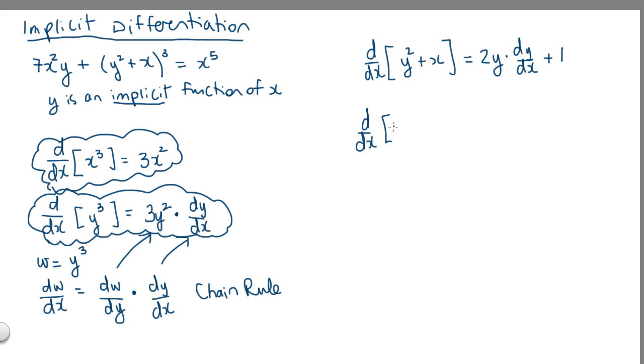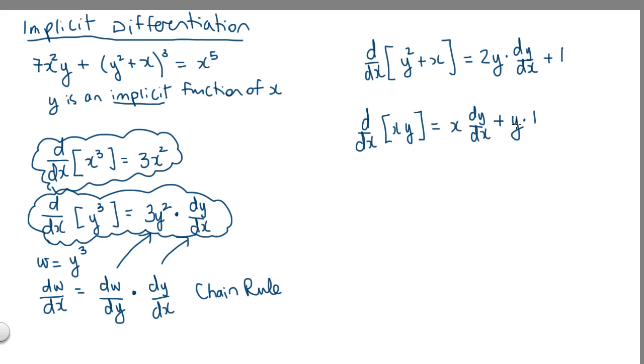Derivative with respect to x of xy. Well, we'll have to use the product rule here because we've got two factors in this expression that we're trying to take the derivative of. So our product rule says write down the first factor, multiplied by the derivative of the second factor, which would be dy by dx. And then we're going to go plus the second factor times the derivative of the first factor.